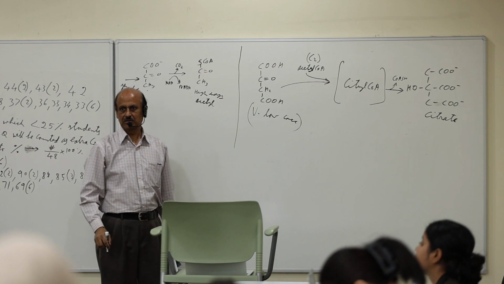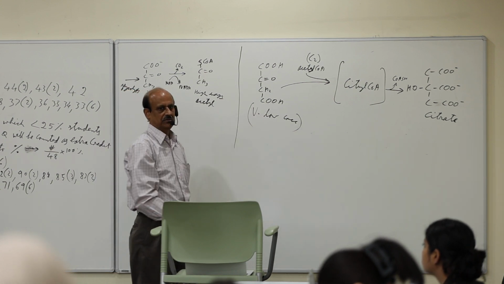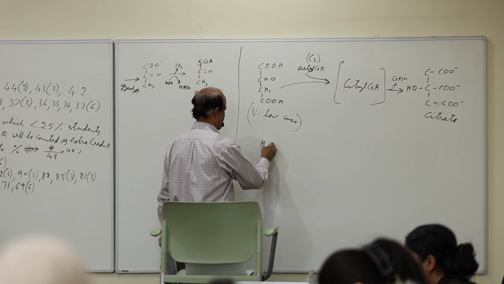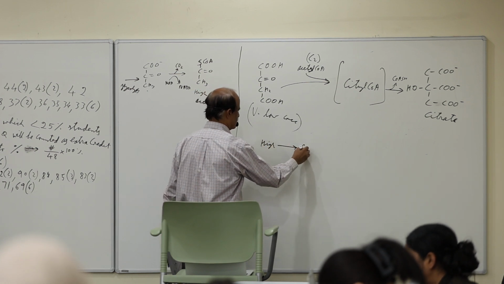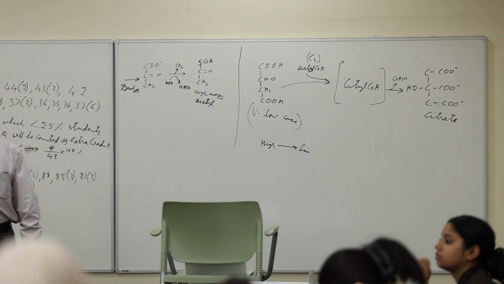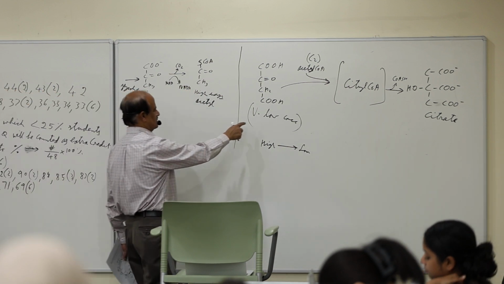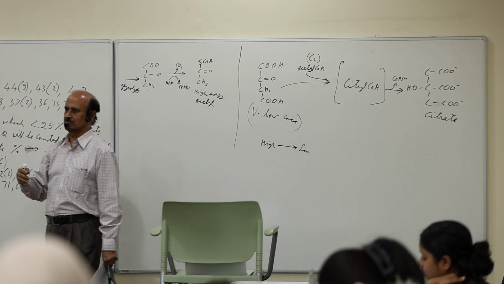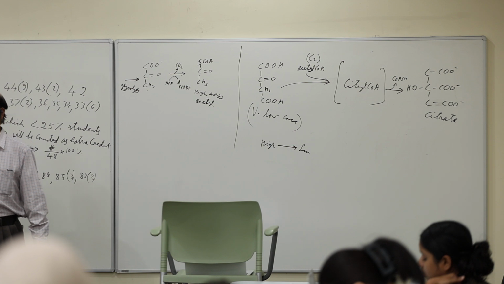If this is a very low concentration, then this reaction cannot be irreversible. Remember, for an irreversible reaction, you must have high amount of reactant and low amount of product. That's what makes it irreversible. But you are starting with a very low concentration of oxaloacetate because it's a cyclic pathway. You cannot always have high amount of reactant all the time. At some point there will be very low amount.